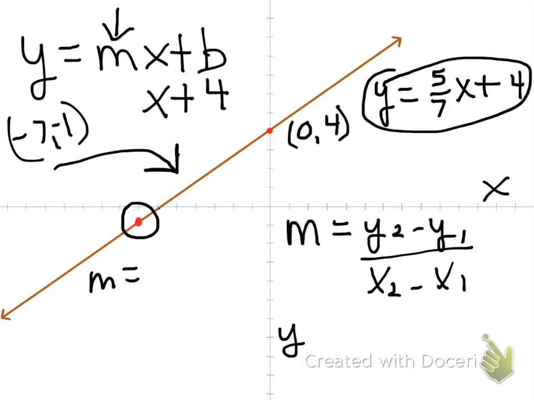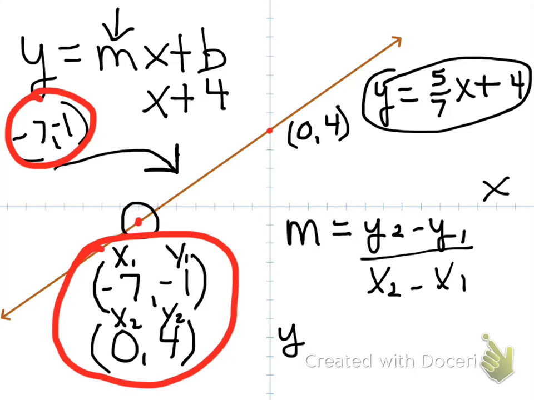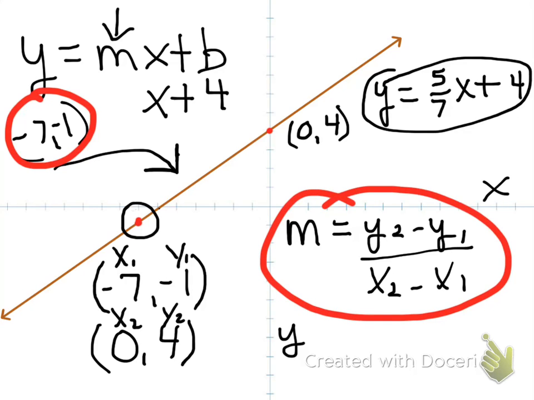So we're going to label those points, we're going to call this our x1 and our y1. Okay, so let's find some space. Okay, so we have those labeled here now as x1, y1 and x2, y2, and then we're going to plug them in to this formula.